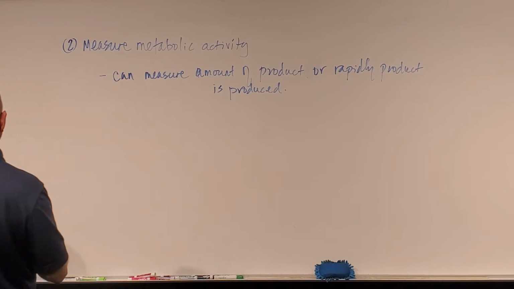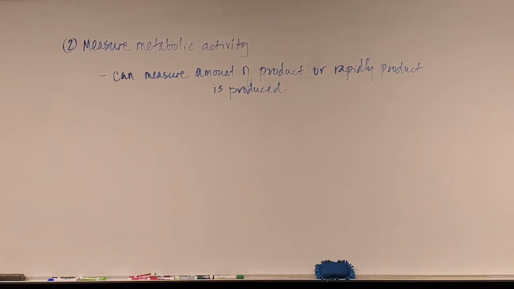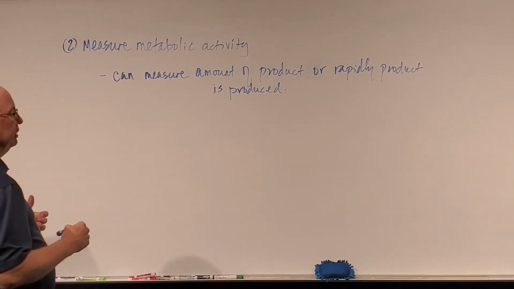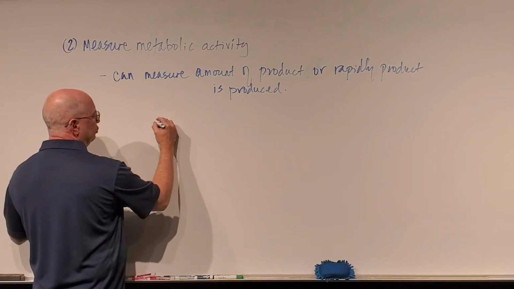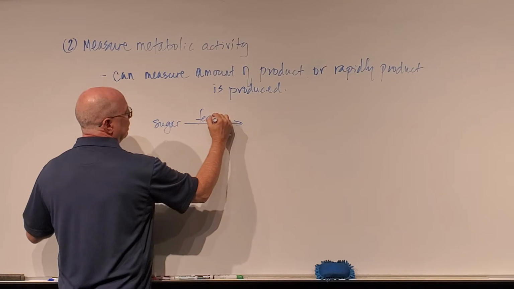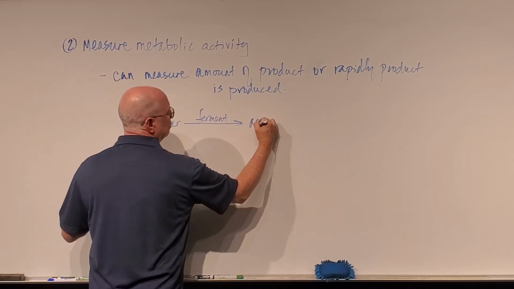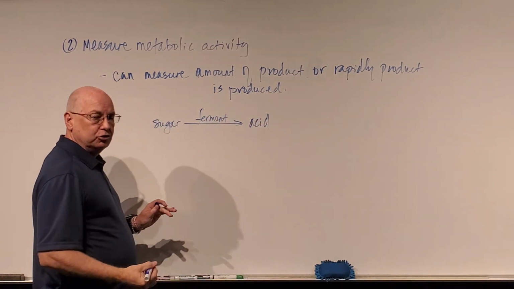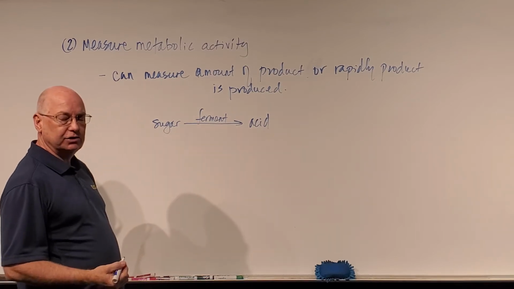So when we have a chemical reaction, essentially what's happening is, for example, if I have some sugar and I have a fermenting bacterium, it's going to ferment that sugar sometimes into an acid. So I can measure the acidity of a solution.